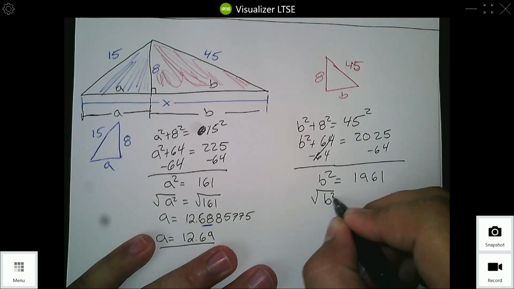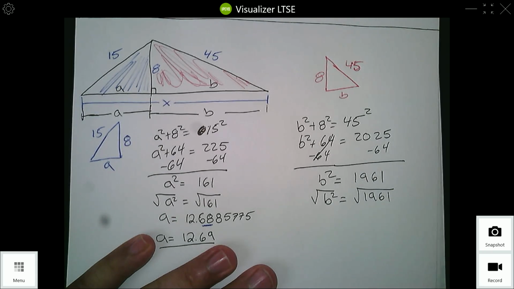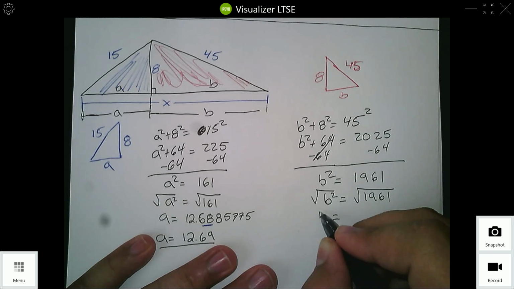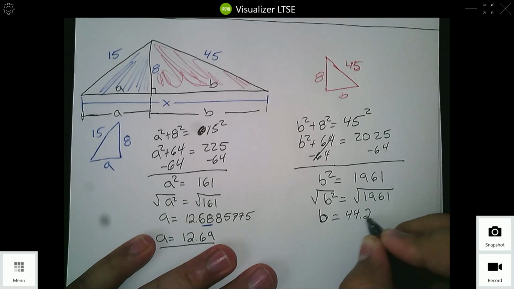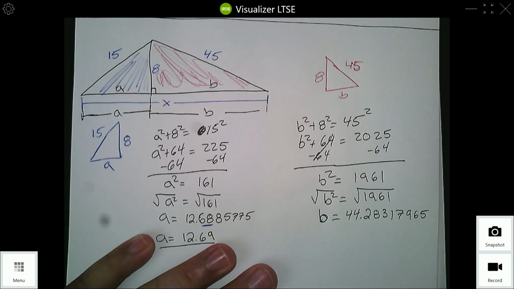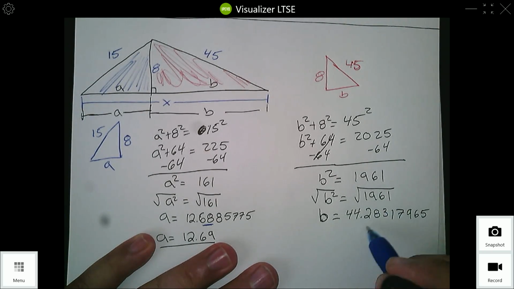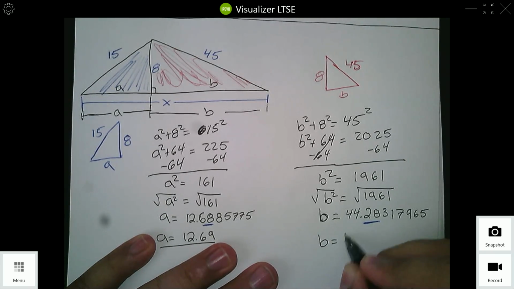We take the square root of both sides, and it leaves us with the B value of 44.2831796. So once again, we're going to round to 2 decimal places. Since this 3 is less than 5, we're going to round down. So we end up getting a final B value of 44.28.